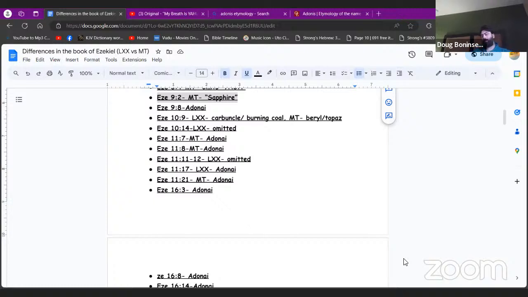People might be saying, what's the big deal? Well, the big deal is sapphire is the color of the tablets of stone. Sapphire is pretty much the color that represents his law. I think it was a way for them to, because many commentators, when looking through the book of Ezekiel, will outright mention the vision of who he saw on the throne was Messiah pre-incarnate.